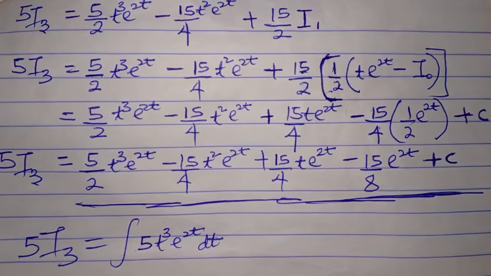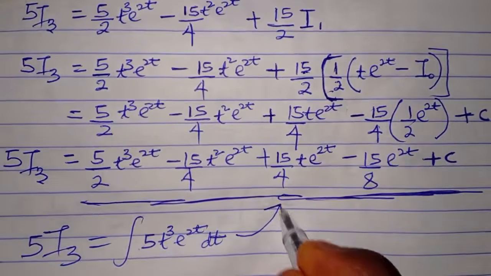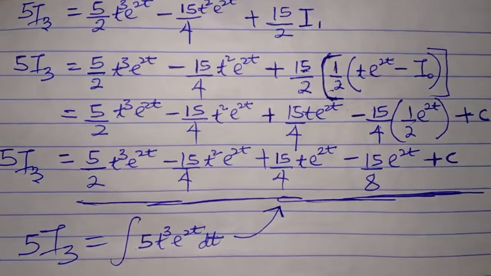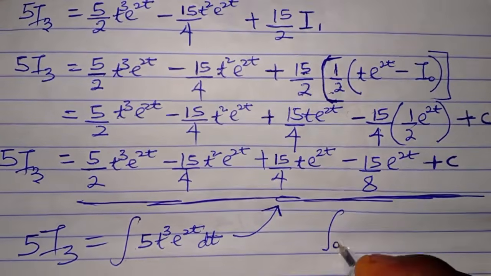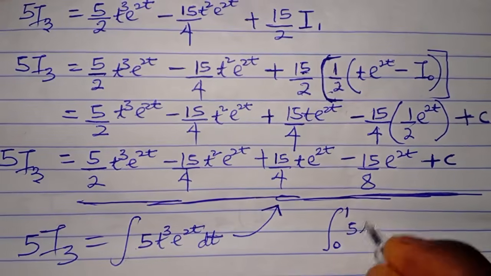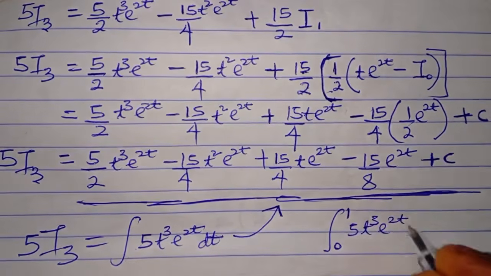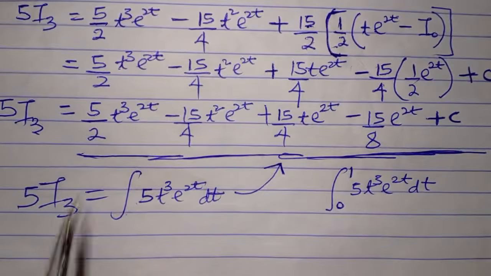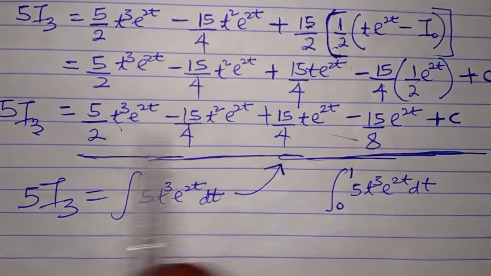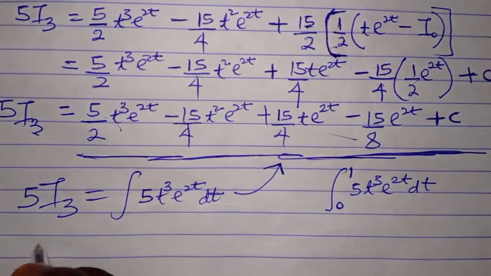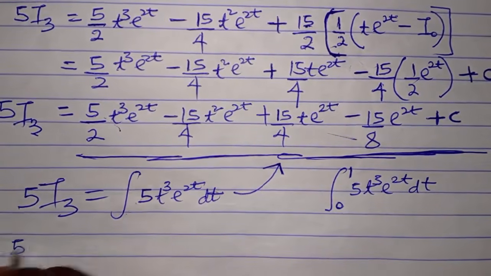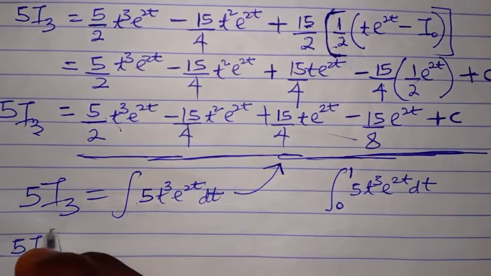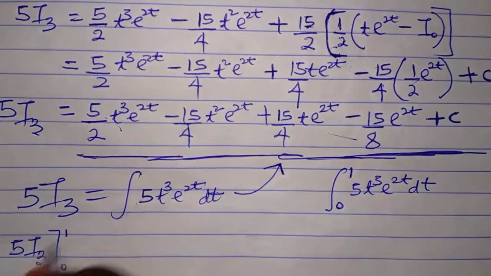Now that we've gotten this, we want to evaluate the integral from 0 to 1 of 5 t cubed e to the power of 2t dt. Let's see how we're going to do that. We are trying to determine now from 0 to 1, right?